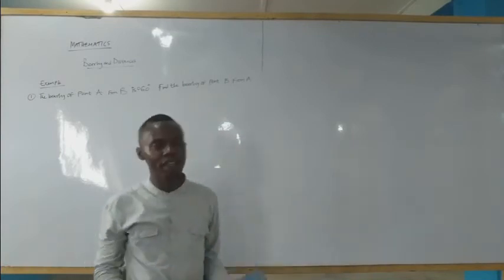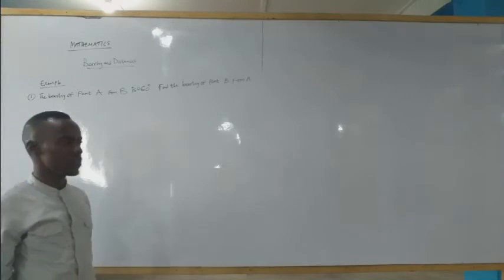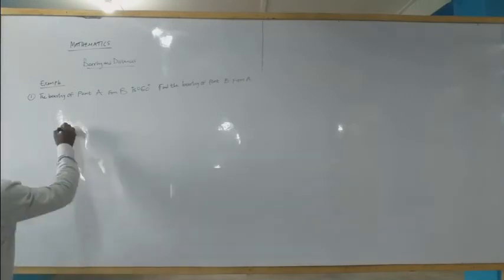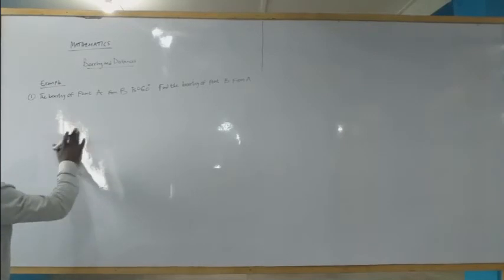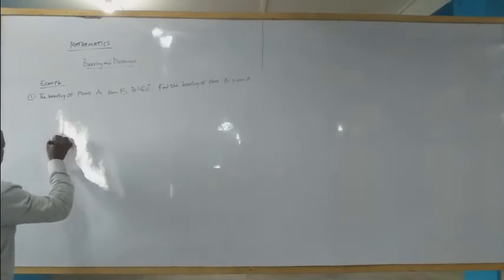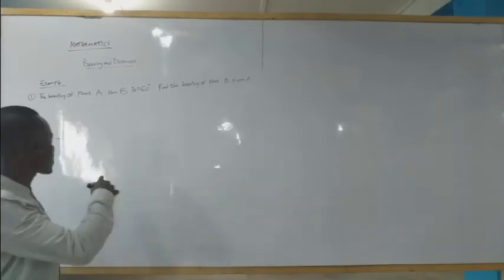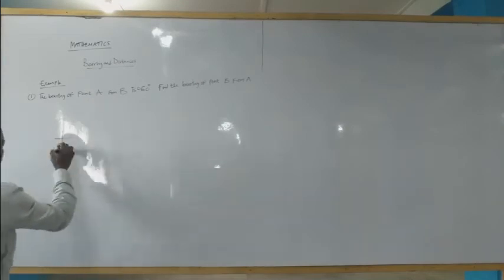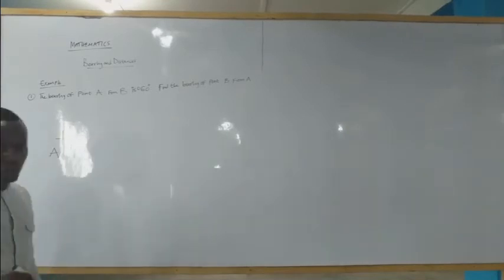Whenever you are doing any bearing question, you must first start with your coordinate points. You must draw your coordinates, and your coordinate will represent a particular point. So your starting point now is point A. This is where we are starting from.